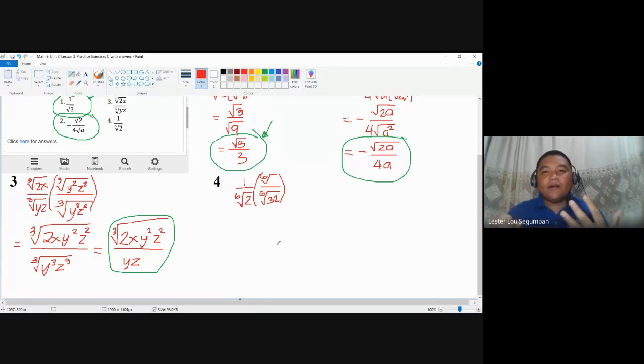So 64 now is a perfect 6th power. So what we use here is 32. We'll also copy 32 here. And then simply multiply. 1 times the sixth root of 32 is simply the sixth root of 32 all over the sixth root of 64.